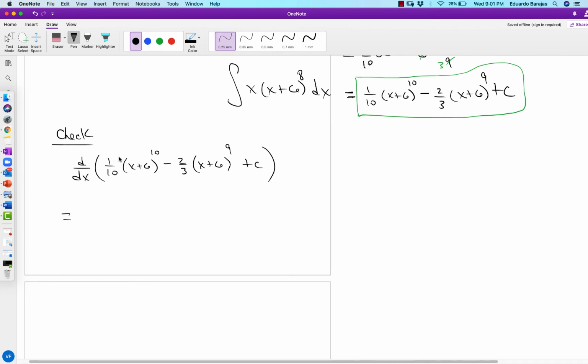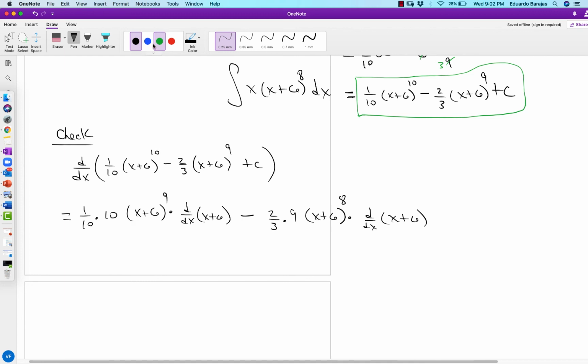Okay, so starting with this derivative, we know that this is going to be 1/10 times 10 (x plus 6) to the power of 9 times the derivative of the inside function, d/dx of x plus 6, minus, and then this will be 2 over 3 times 9 (x plus 6) to the power of 8 times the derivative of the inside function, thanks to the chain rule, x plus 6, and then plus the derivative with respect to x of c, which is a constant, so it'll be 0.